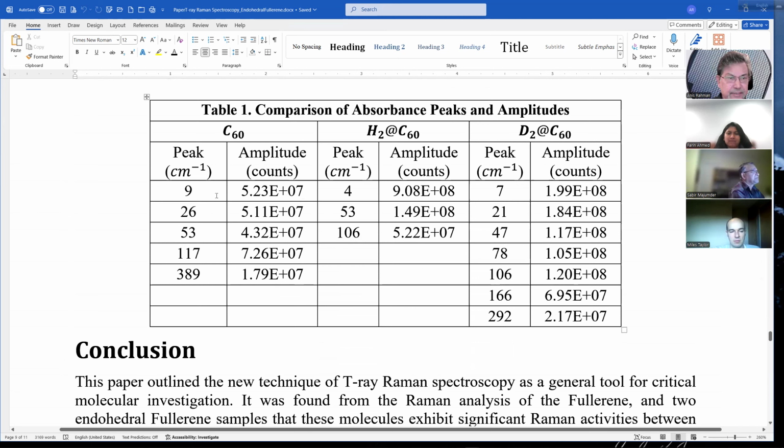C60 itself has these wave numbers, and the Raman shift of the H2@C60 is identified here, but D2@C60 has a lot more Raman activity compared to H2@C60, and also compared to C60 alone.